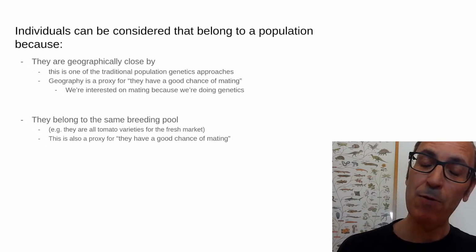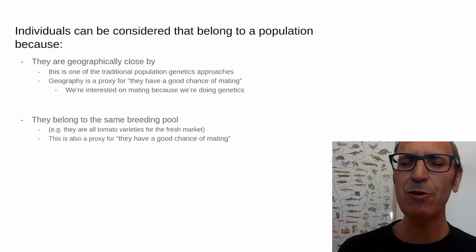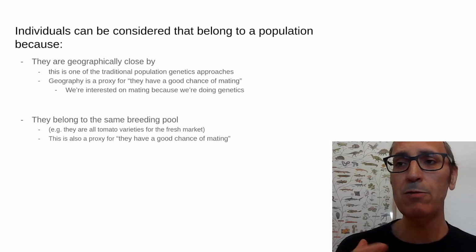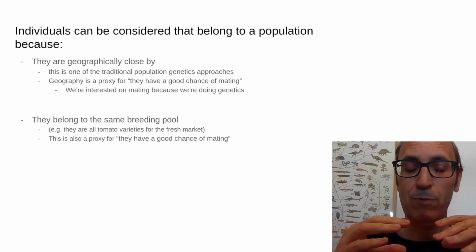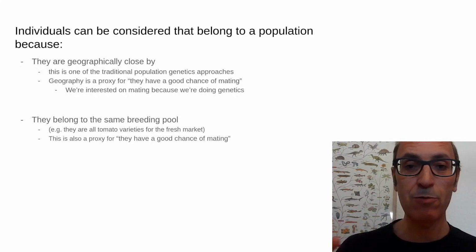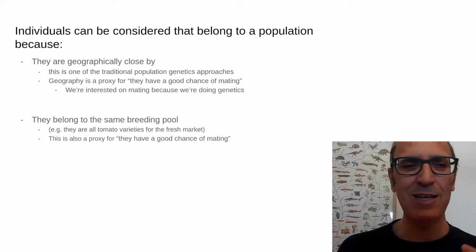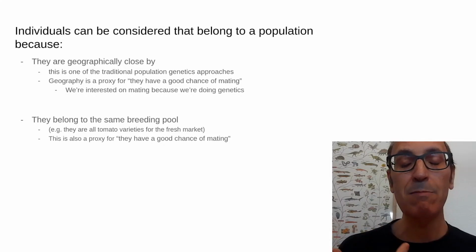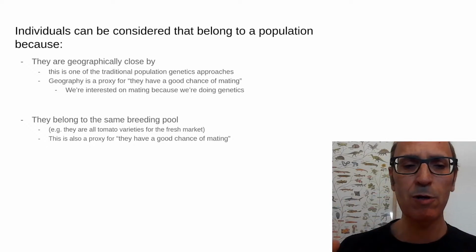Another way of thinking about that is, well, sometimes geographical location is not that important. For instance, in tomato, it's not that important because people move tomatoes from one place to another. So it might make no sense to talk about tomatoes in Spain and in the US or in Italy.